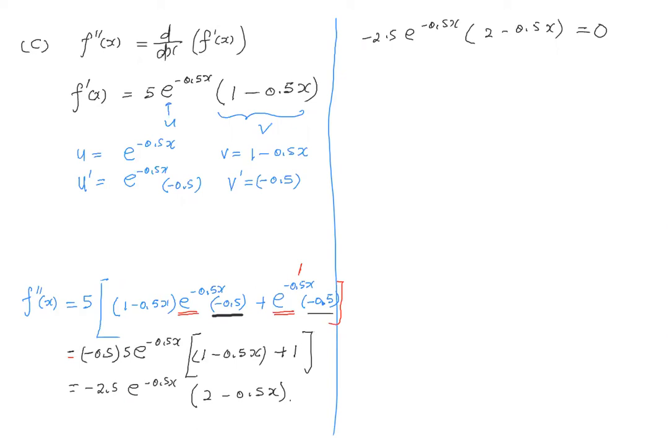Something times another thing equal to 0. So what should I do? You put the negative 2.5 e to the power of negative 0.5x to the right side. So why must I put it to the right side?